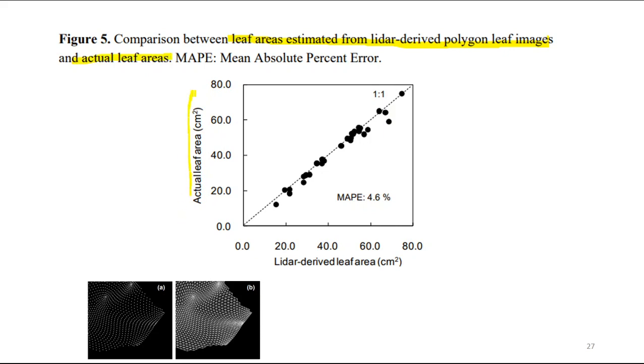Here is the actual one, and here is our estimated one, and you can see the points fall very close to the 45-degree line, which means they are very consistent with each other. For example, the actual is 20 and the estimate is around 20, so the point is around here. The mean absolute percent error, MAPE, is around 4.6 percent, which is very good.